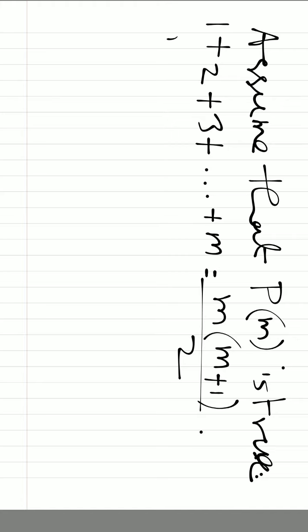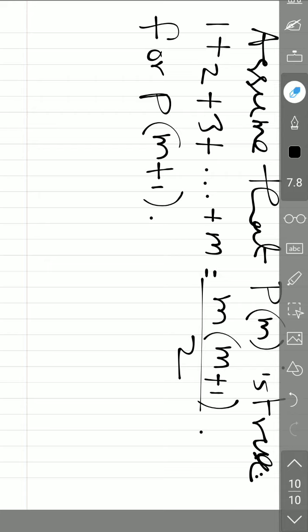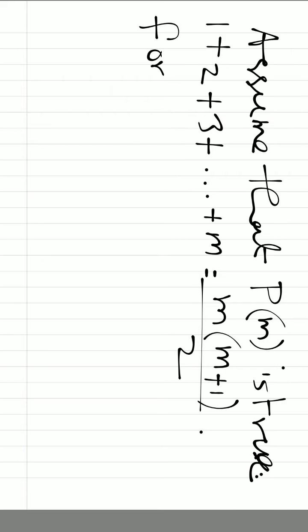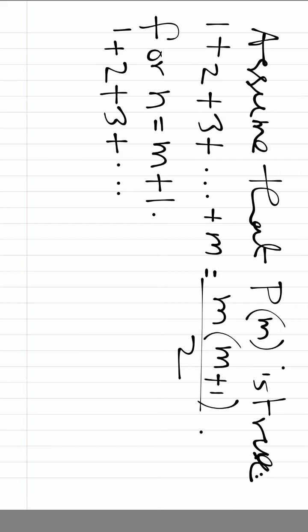So for Pm plus 1, what we will have, or we can say for n equals to m plus 1, what we are having in the left hand side of the statement, we are saying that it is the sum of first m plus 1 natural numbers, that we can write like this: 1 plus 2 plus 3 plus dot dot dot up to m plus m plus 1.